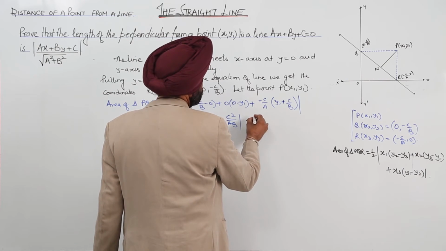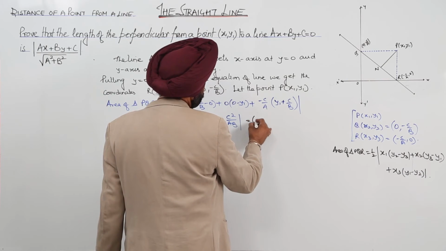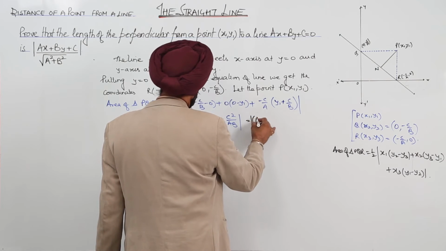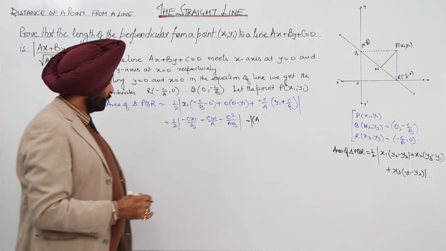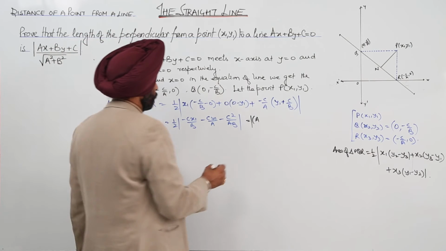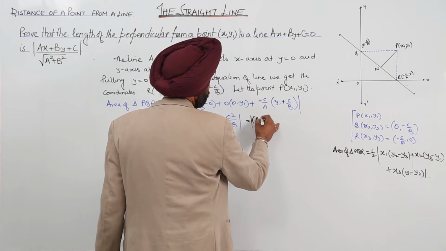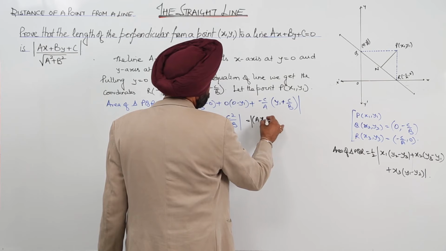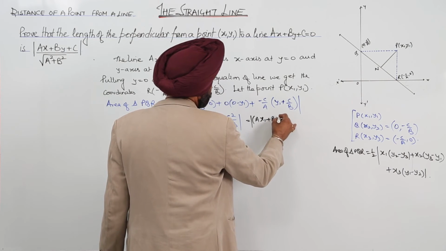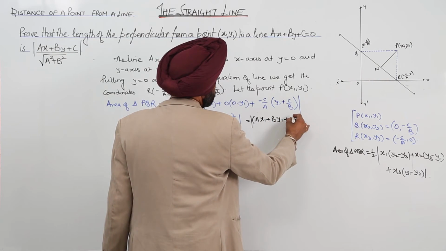Now this is equal to, taking LCM, we have c upon 2ab times (a x1 plus b y1 plus c).